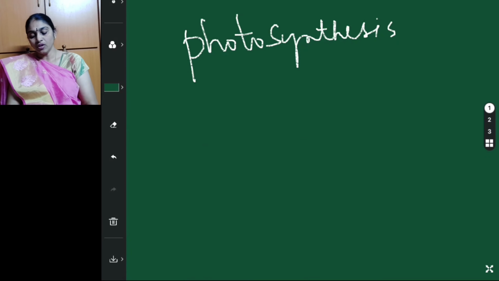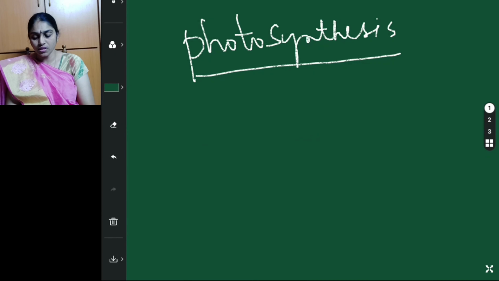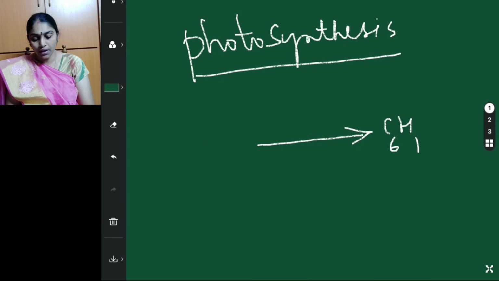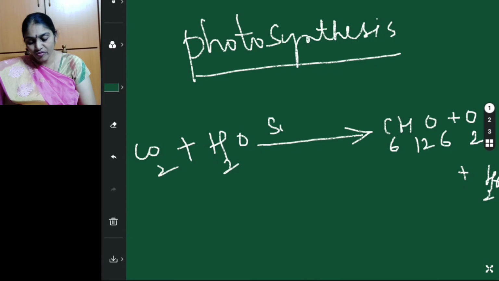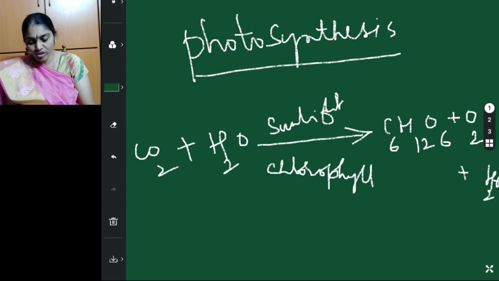As we said earlier, photosynthesis is a process where plants make their food in the form of glucose, that is C6H12O6, along with liberation of oxygen and water, with the help of CO2, that is carbon dioxide, and water in the presence of sunlight, with the help of a pigment called chlorophyll.